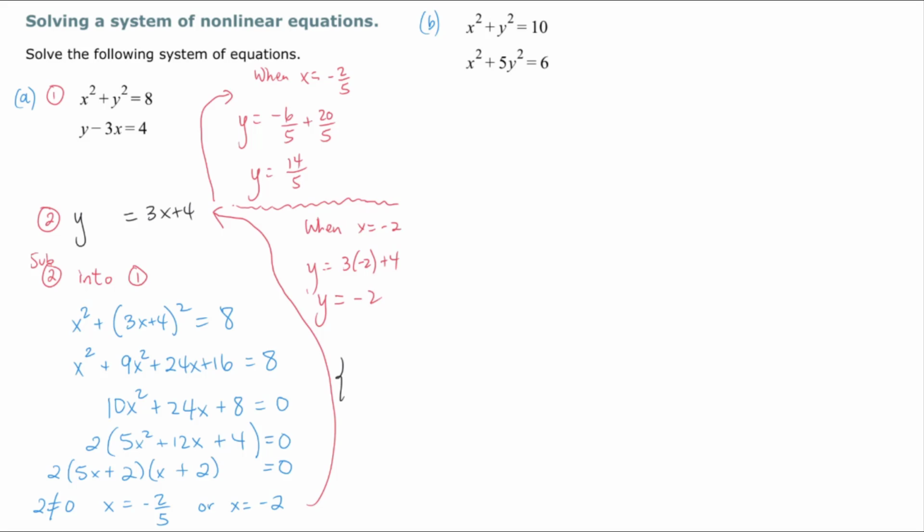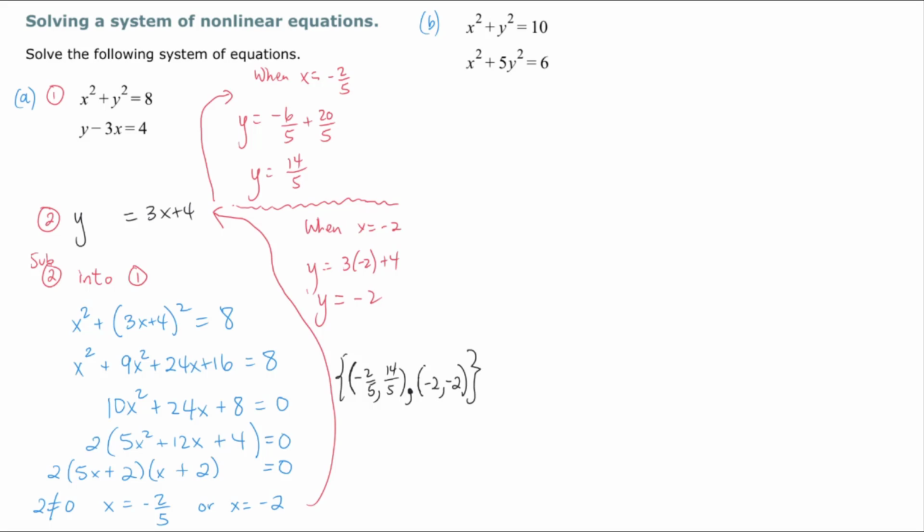We actually have a set with the ordered pair, negative 2 fifths, comma, 14 fifths. And then the second ordered pair, I'll separate it with another comma. We'll put parentheses, negative 2, comma, negative 2. Close with a set brace.